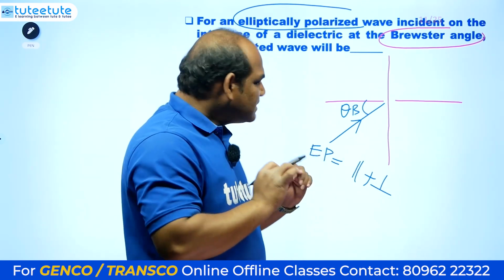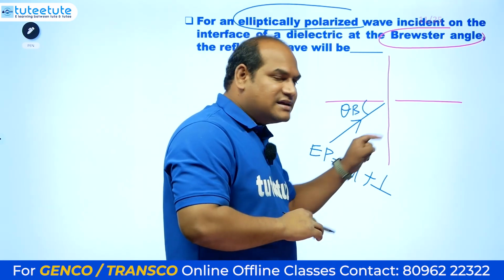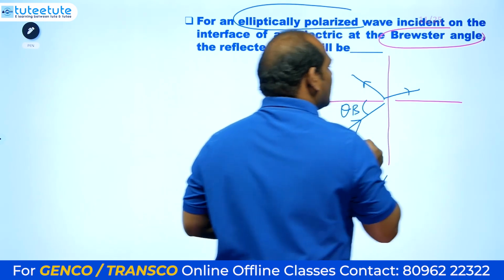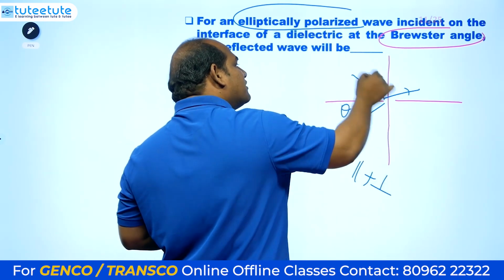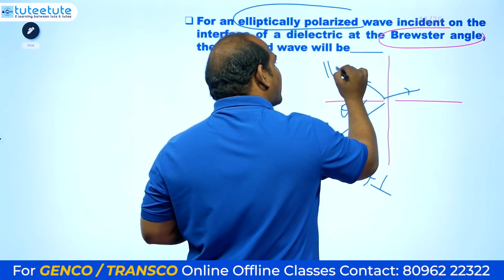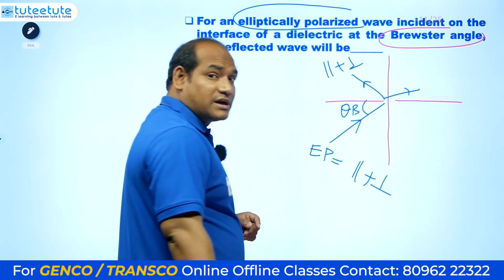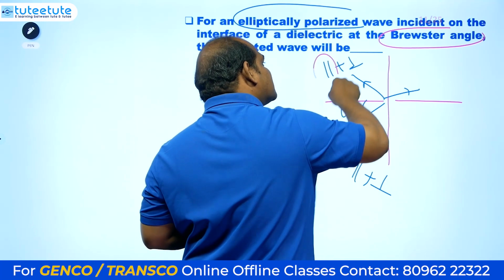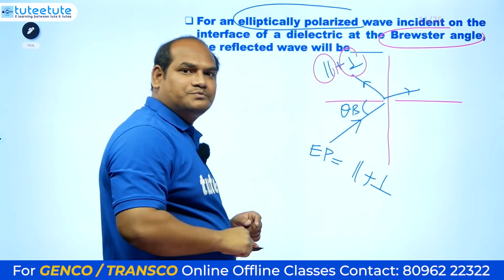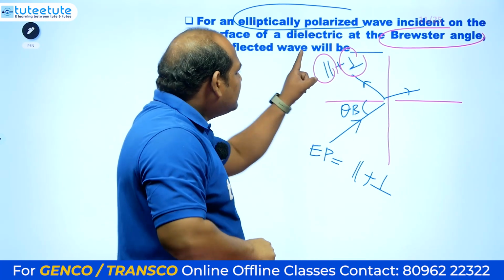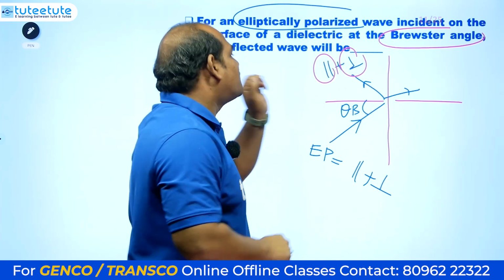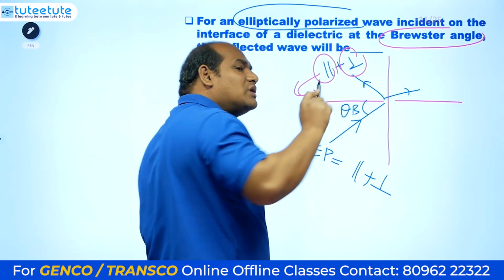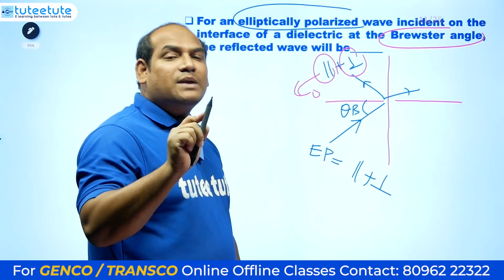Actually, if you incident like this, some part will be reflected, some part will be transmitted, and the reflected EM wave would also have parallel and perpendicular polarizations. But when you send it at the Brewster angle, either this one or this one will become 0. For example, if you make this one 0, then you will have only perpendicular polarization.